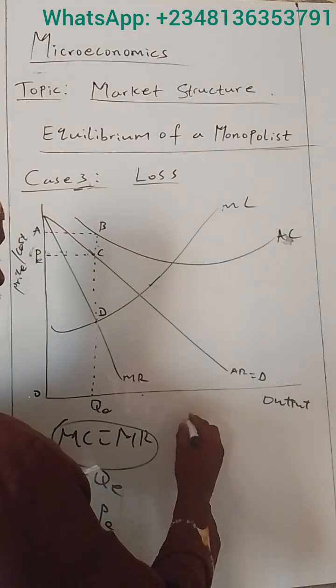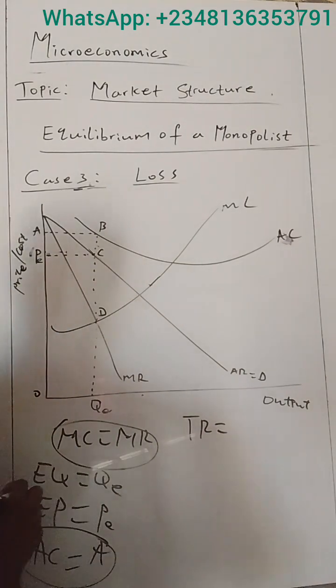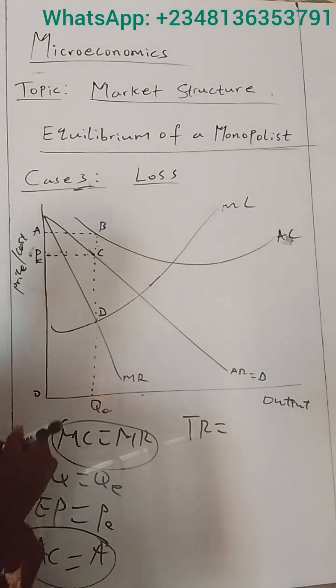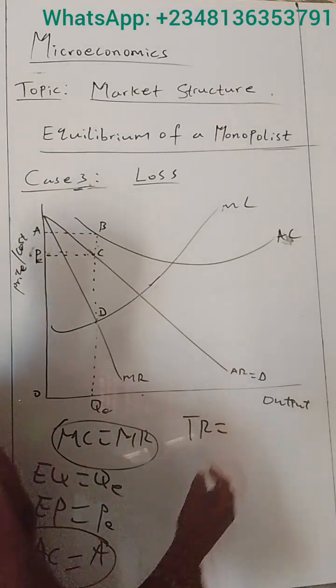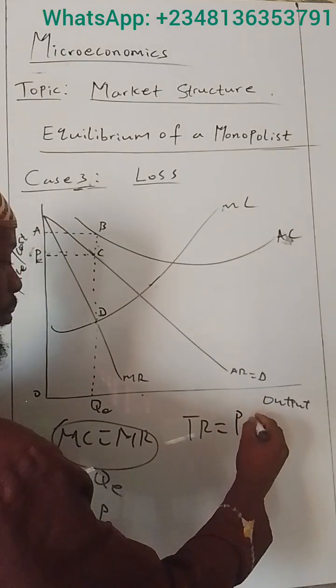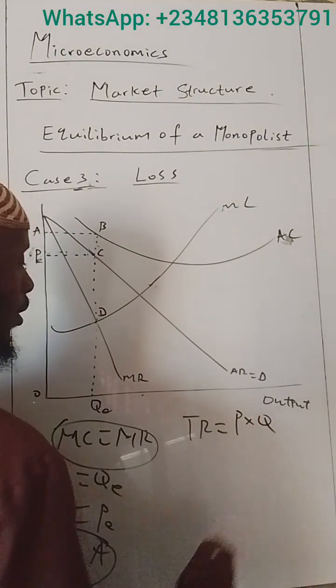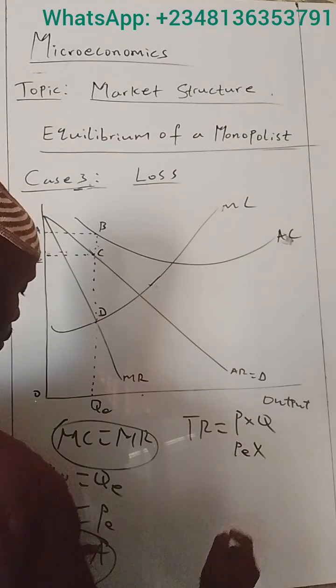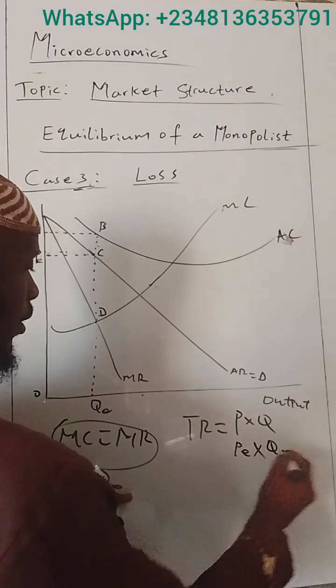So now, how do you compute the total revenue for this firm? Generally, the formula for calculating total revenue is P multiplied by Q. Here, the equivalent price is PE multiplied by the quantity, that is QE.